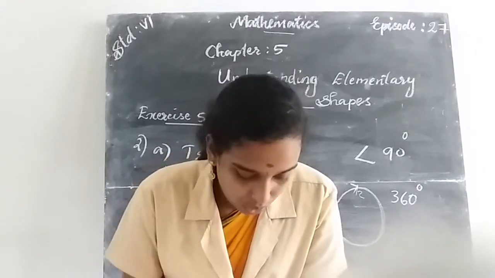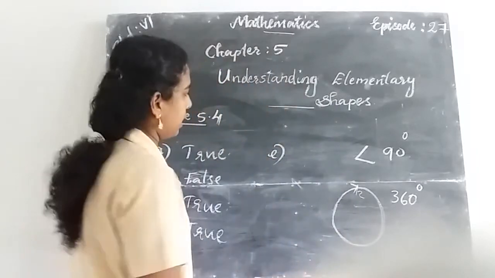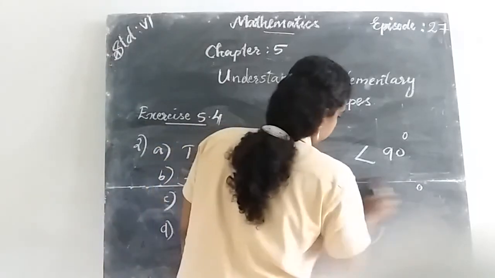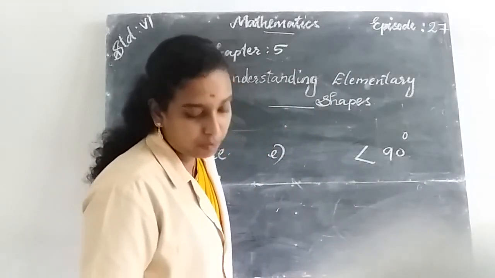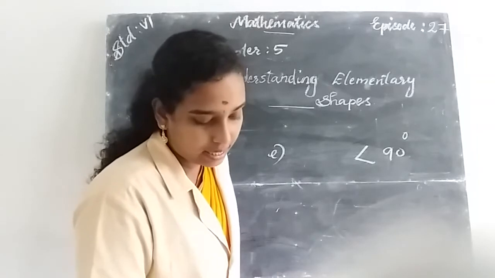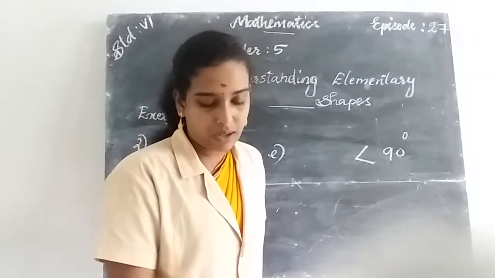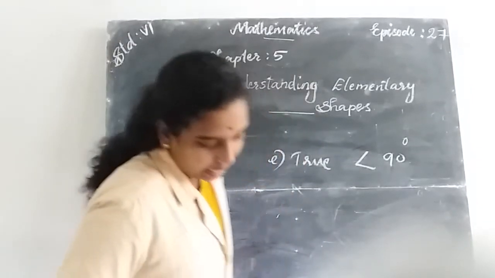It's true. Angle A measures 53 degrees and angle B measures 35 degrees. Which is the greater value, 53 or 35? Yes, it's 53, so angle A. So the statement is true. Okay, then the next question.